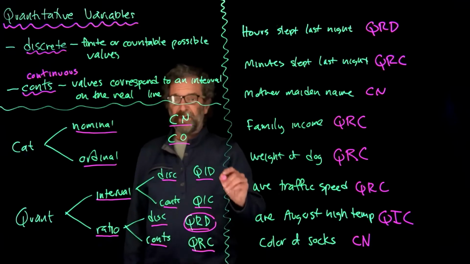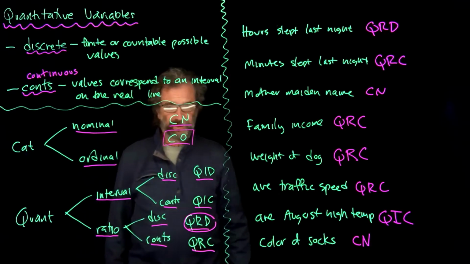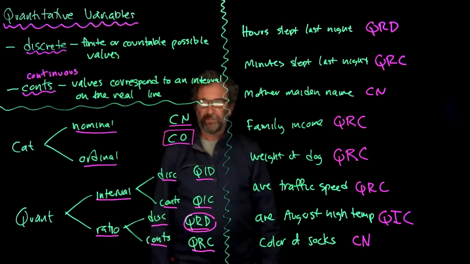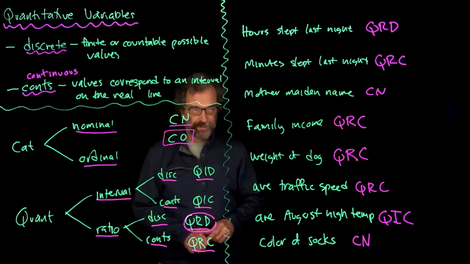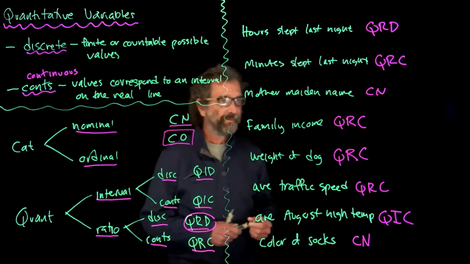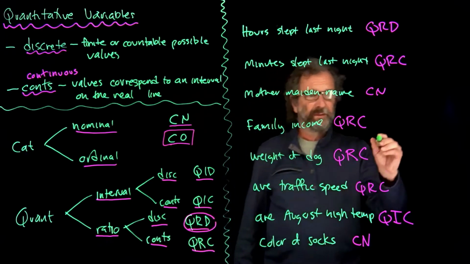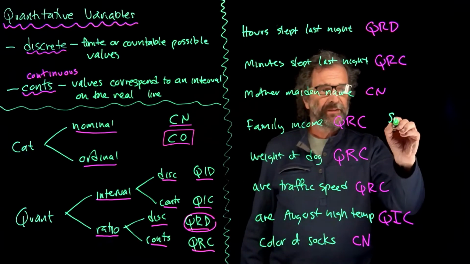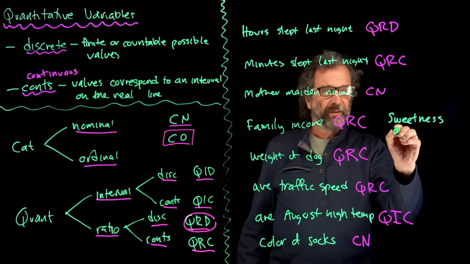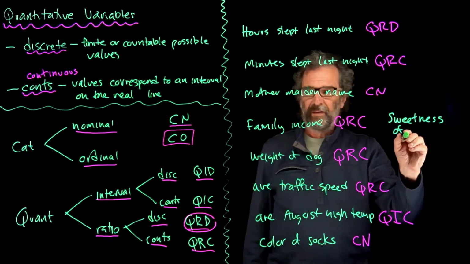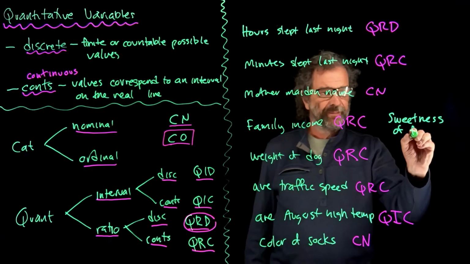I notice I don't have any of these, categorical with order. What do you think we could put there? How about sweetness of the fruit that you happen to be eating?